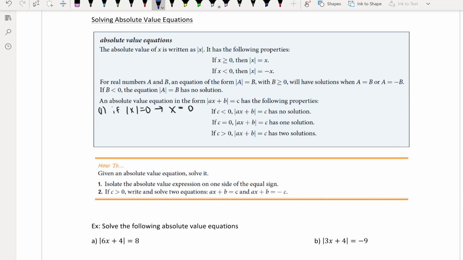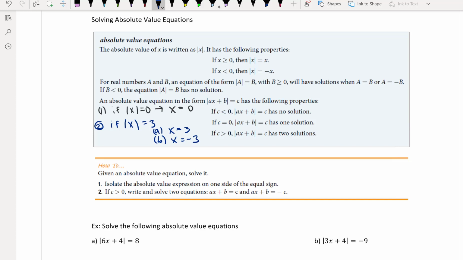The second rule is that if the absolute value of x is equal to something that's not 0, let's say 3, then we have two different options: x is equal to positive 3, or x is equal to negative 3.